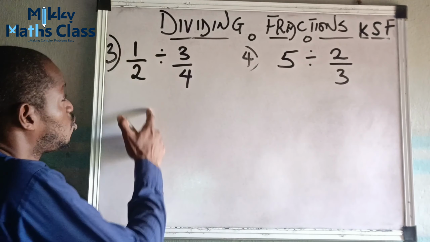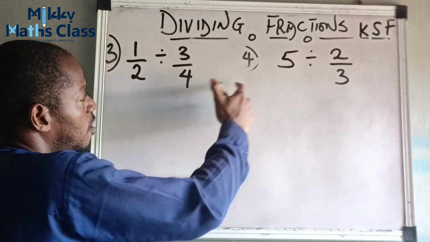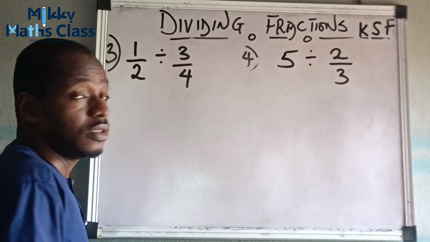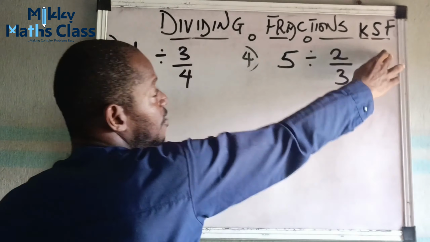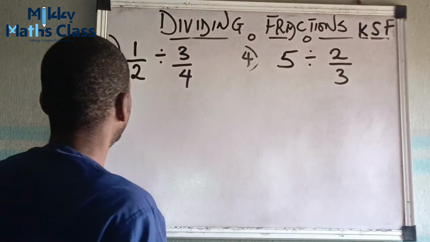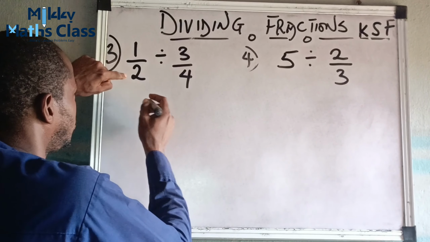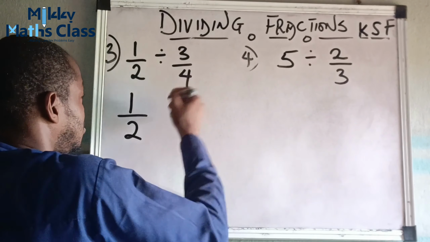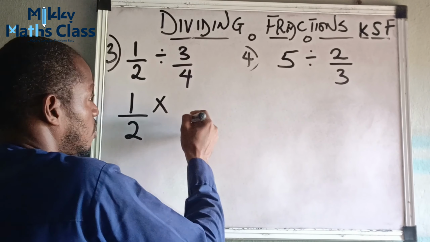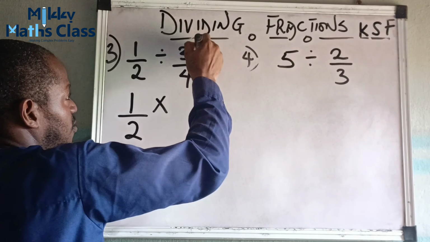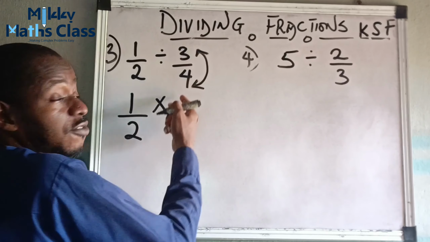All right, let's look at these next examples. We have 1/2 divided by 3/4, and 5, this is a whole number, divided by 2/3. Still remember our KSF: keep, switch, and flip. The first one, we keep this 1/2, we switch the sign to multiplication, then we flip the fraction.